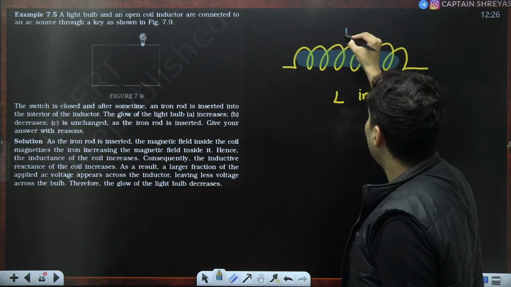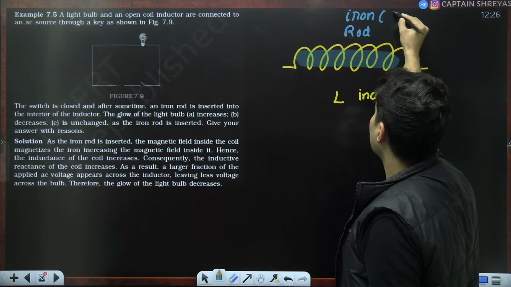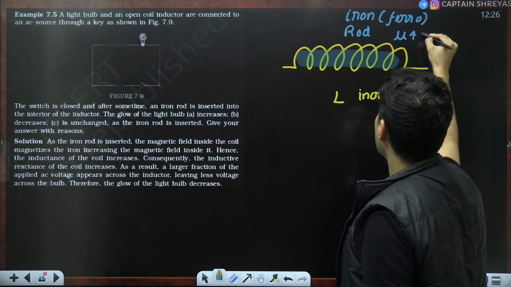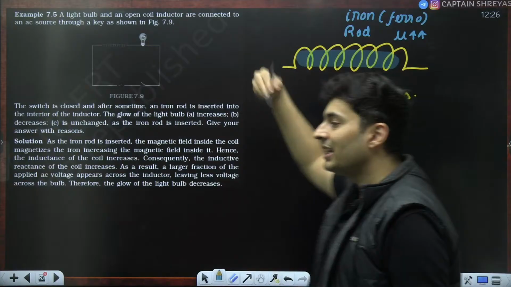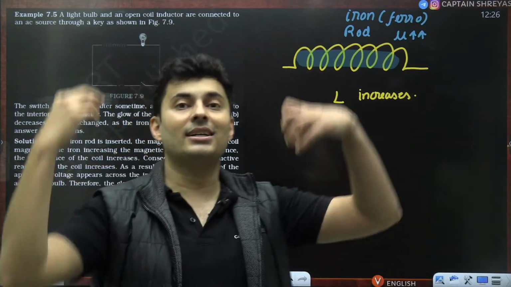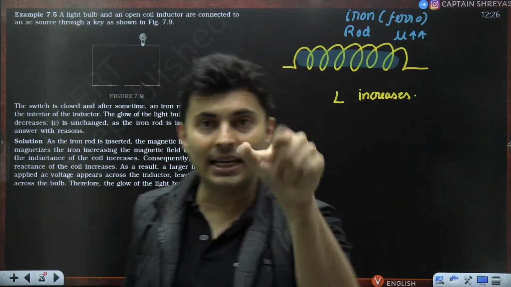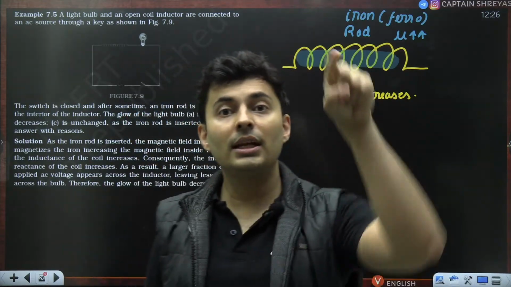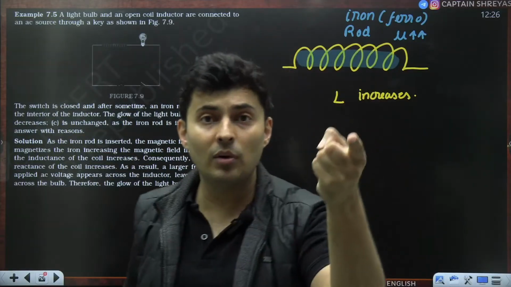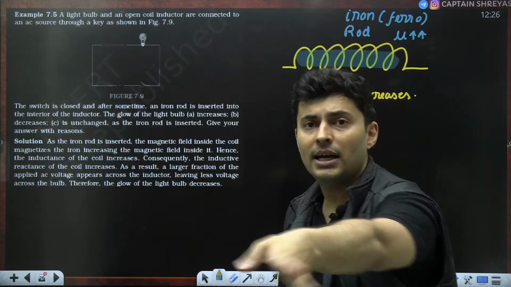Because that rod is iron, which is a ferromagnetic material. So the magnetic permeability mu will increase, more field lines will be there, so inductance will increase. Instead, if it was a diamagnetic material, then it would have decreased. Para will increase, ferro will increase, dia will decrease.